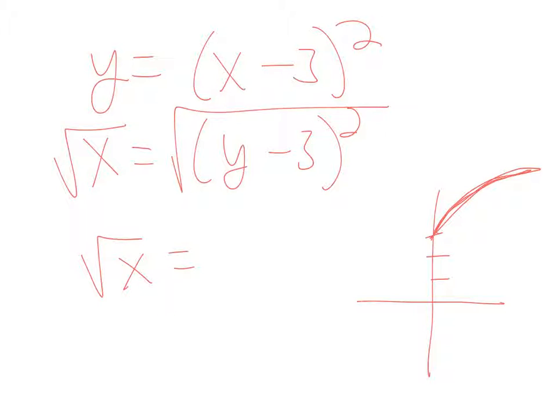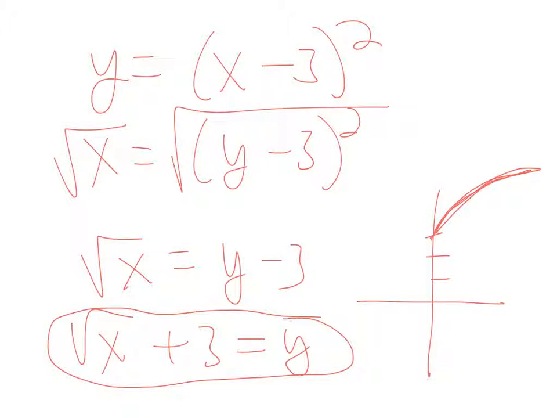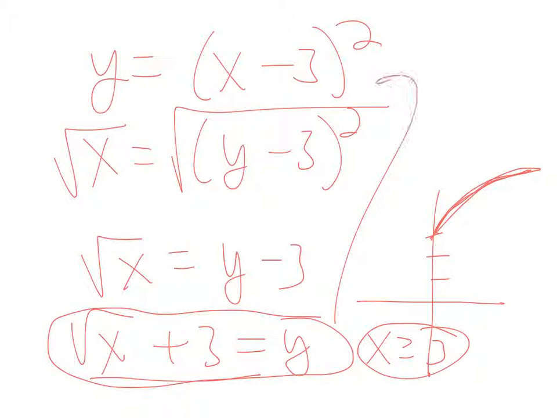So I'm going to go with a positive square root function. I'm going to ignore the negative square root, and that gives me y minus 3. And if I add 3 to both sides, lo and behold, there's my square root function that's been shifted up 3. So that's my inverse. We probably ought to put the domain restriction. The old domain was x is greater than or equal to 3. This is the inverse of this function on this domain.